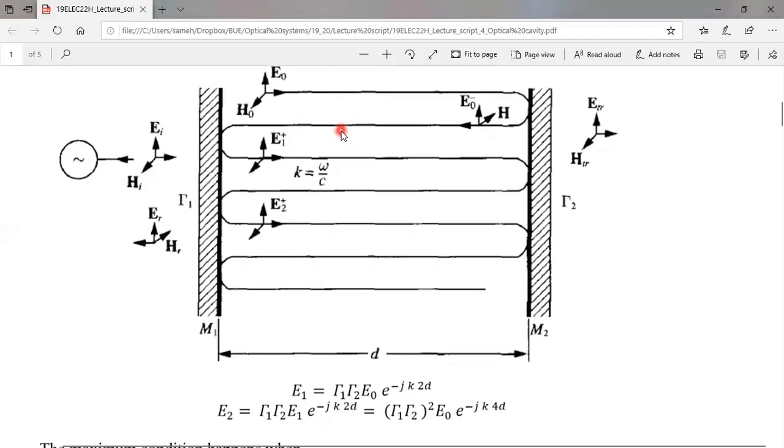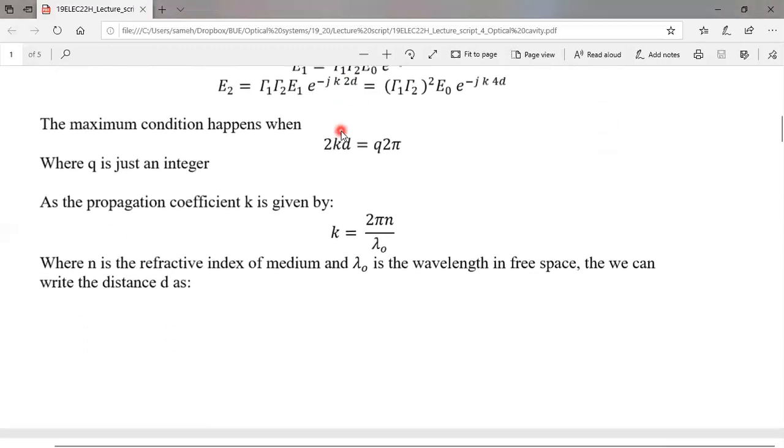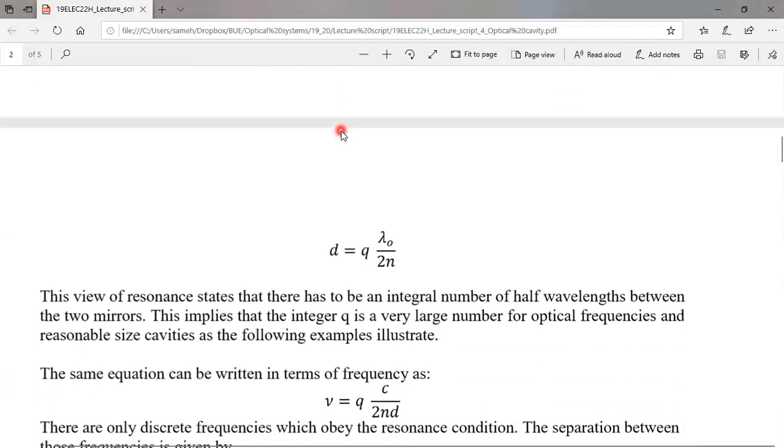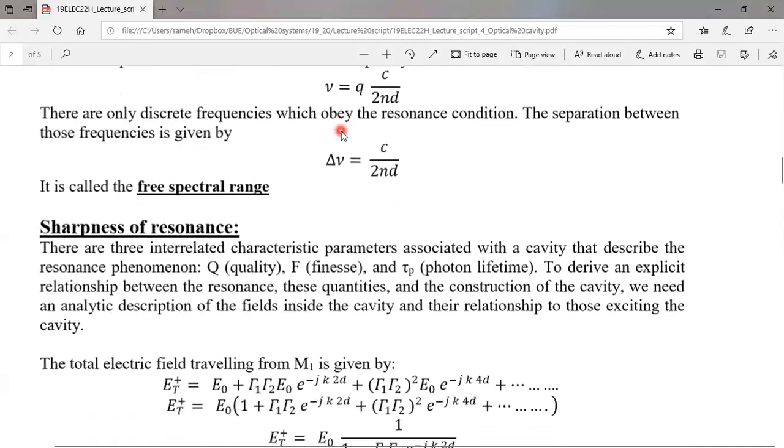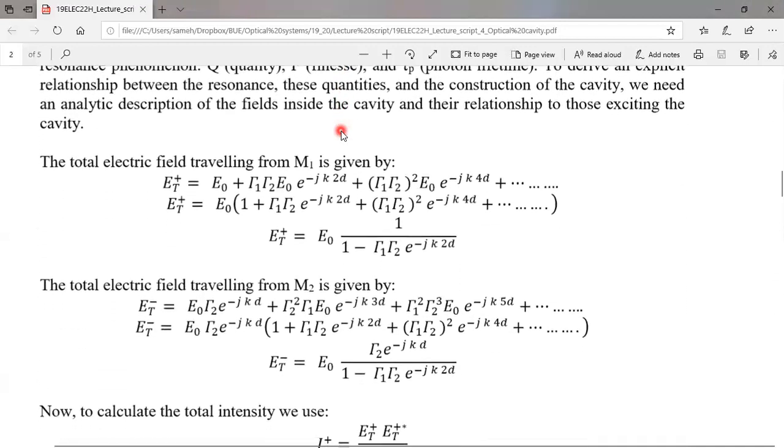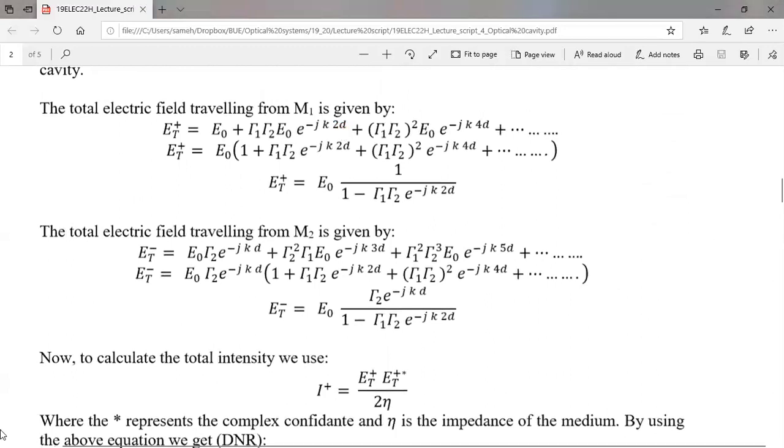So simply, in order to write the electrical field propagating from the second mirror, you can say that E total minus equals E naught gamma 2 e power minus j k d, the first term, then gamma 2 square, gamma 1, E naught e power minus j k 3d, plus and so on.